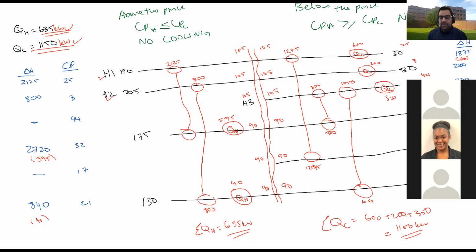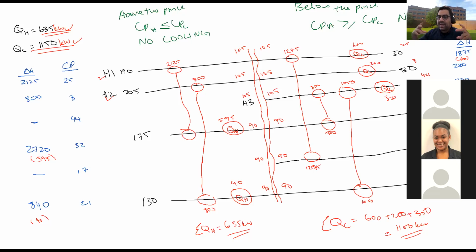You're not gonna get a problem like this on the test, so don't worry about it. But usually when you have a higher pinch point, it means you can operate your system at a larger delta T minimum value, right?